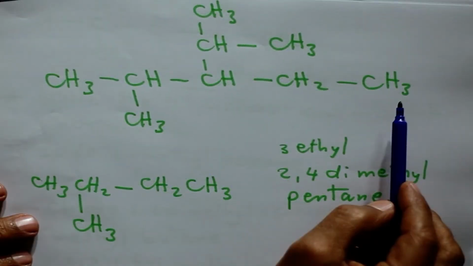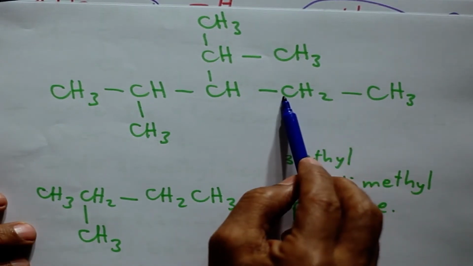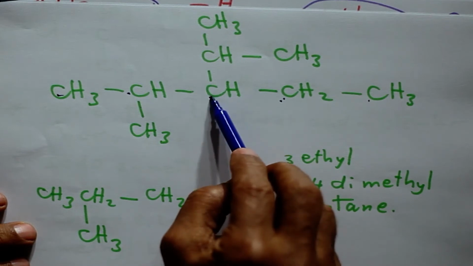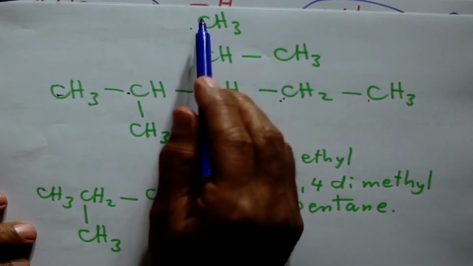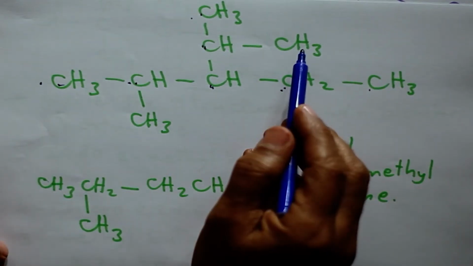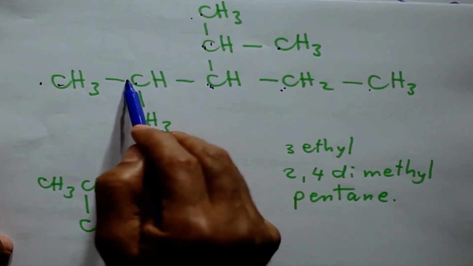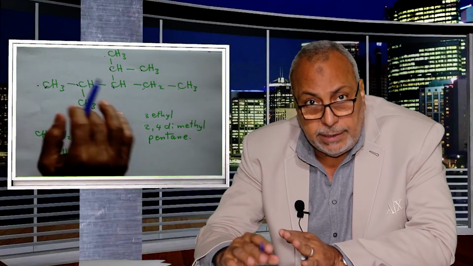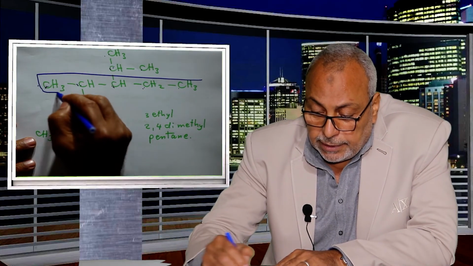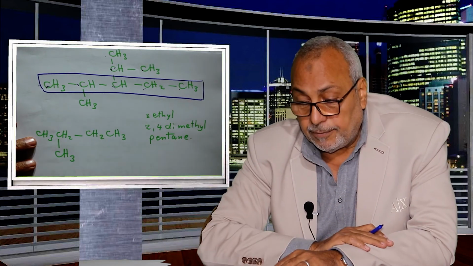Another example, as we see: 1, 2, 3, 4, 5. All the possibilities give 5, so we will choose this chain.